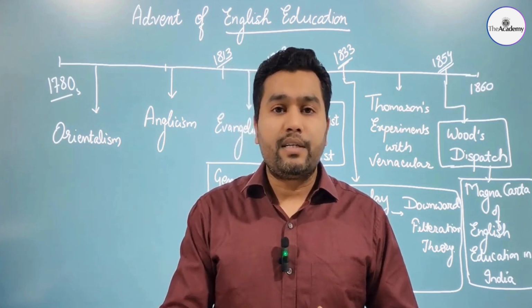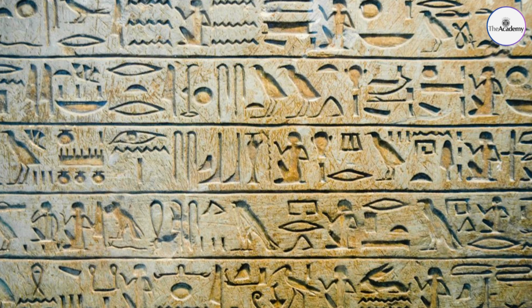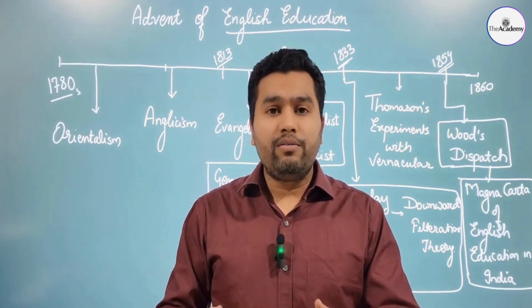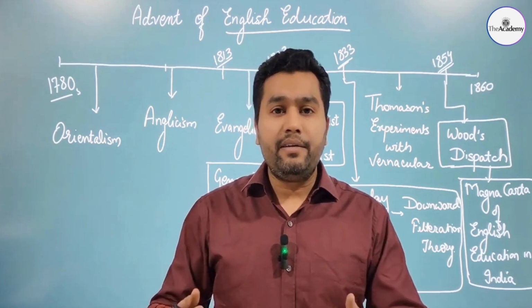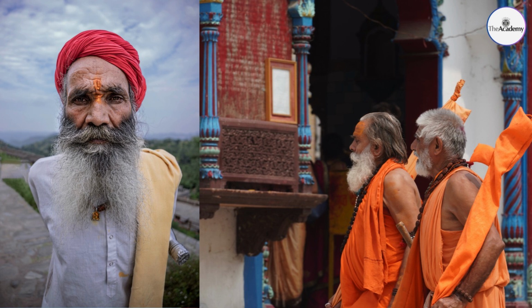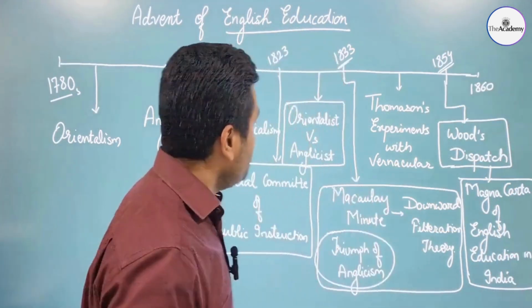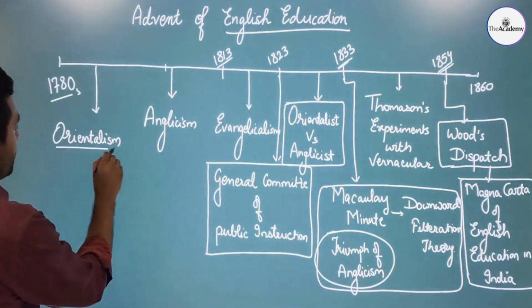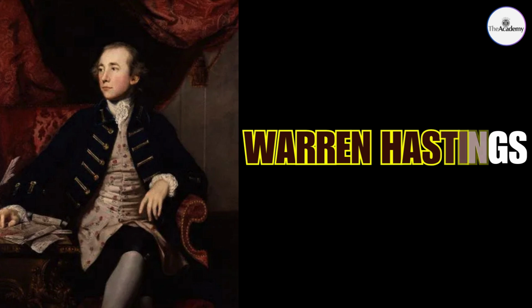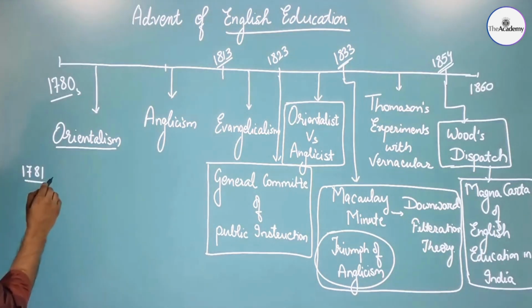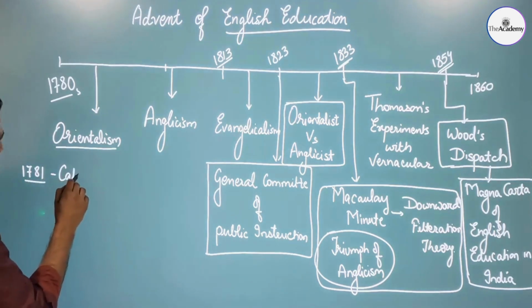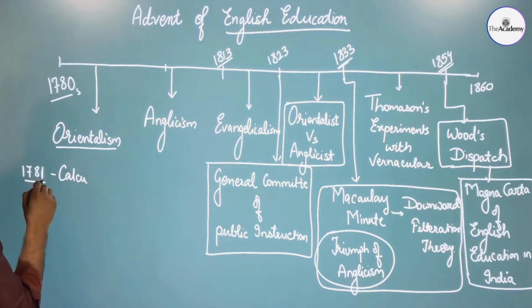They started translating ancient works. And this was done with the help of Maulavis, Pandits, and Indian learned Brahmins and other intelligentsia. And this was done especially under the time period of Warren Hastings, when we see the establishment of Calcutta Madrasa, that was in 1780.